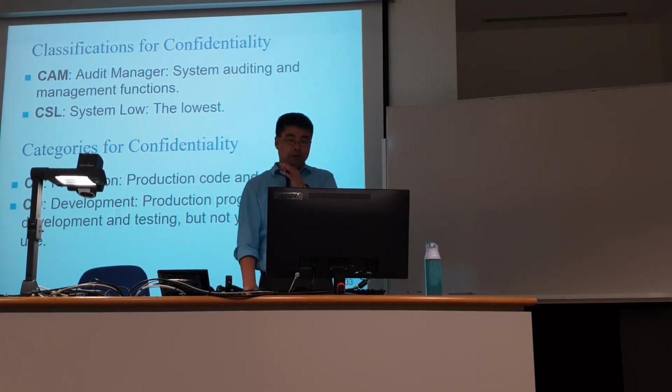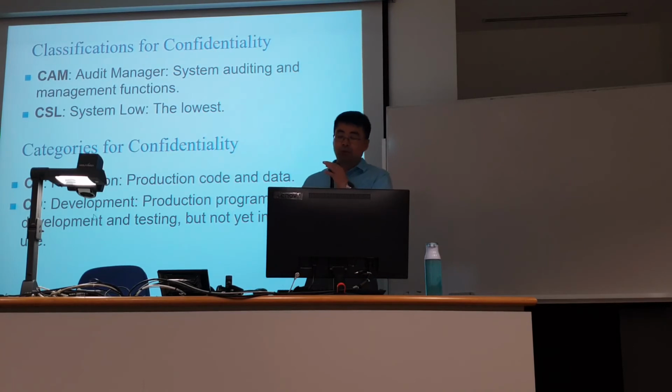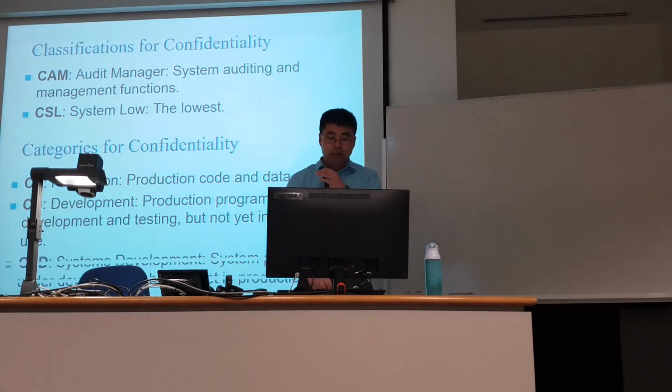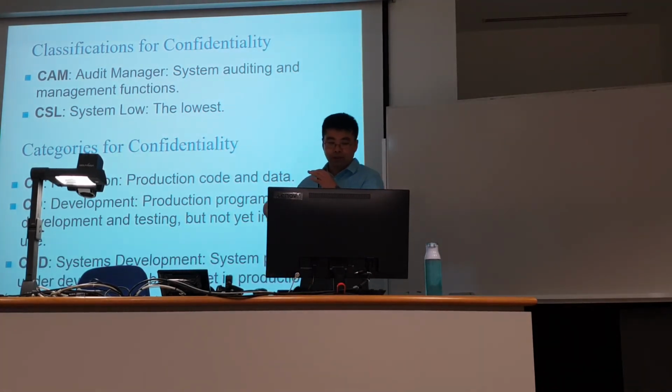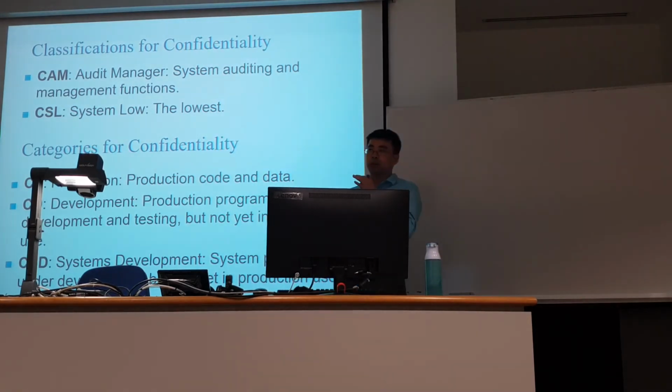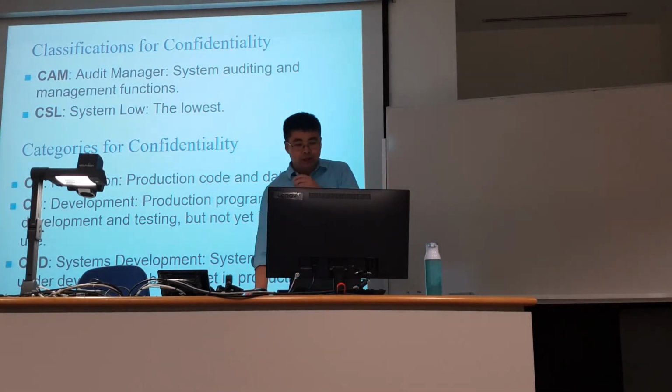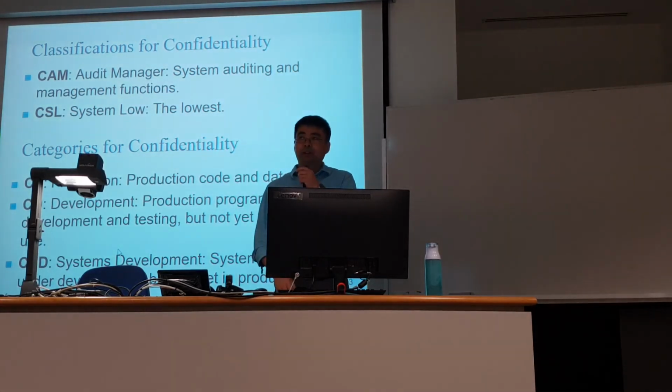The second dimension is the category. Whether this is production data, development data, or system data. Or whether this is a production program, development program, or system program. For the category, we use the same order we saw in the picture: a superset dominates a subset.